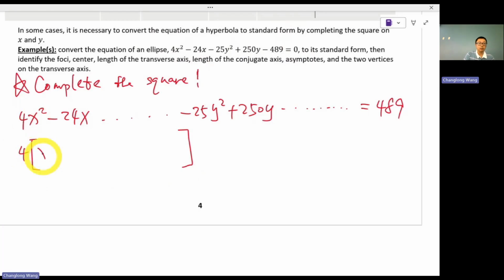Now take the 4 out, you get x squared minus 6x, right? If you want to check, put the 4 back in, right? When it hits the second term, you get 24. To complete the square, we're going to add the square of b over 2, right? So b is negative 6, so negative 6 over 2. Then you're going to quickly subtract it off just to balance everything.